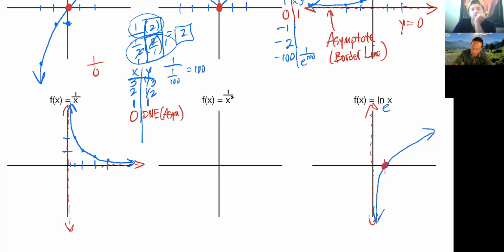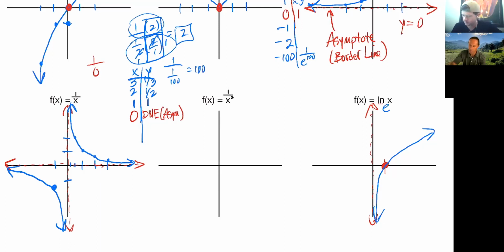Very good. So I will still have this horizontal asymptote that my graph is going to approach. And I could still put in -1 and get a little bit better of a graph, but you guys get the idea.